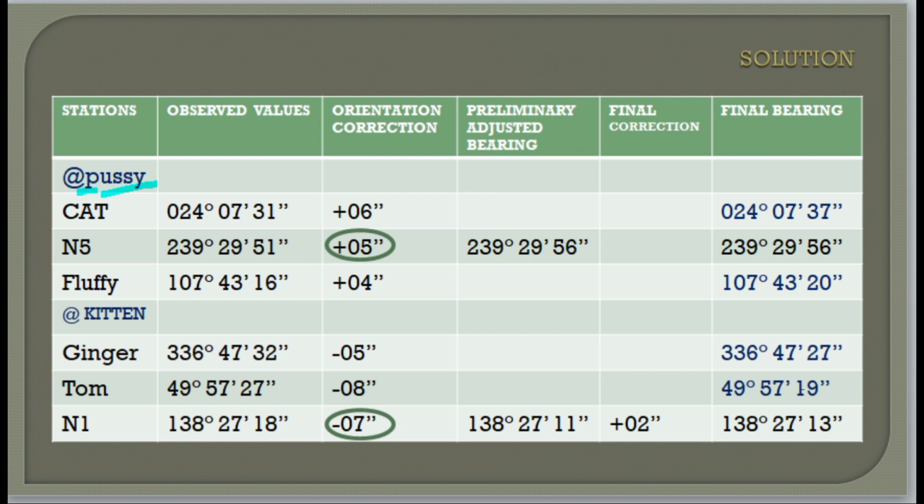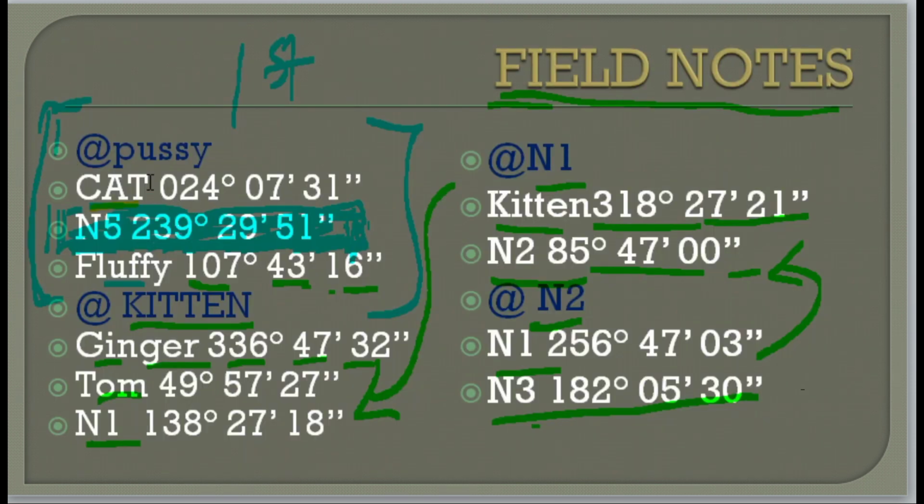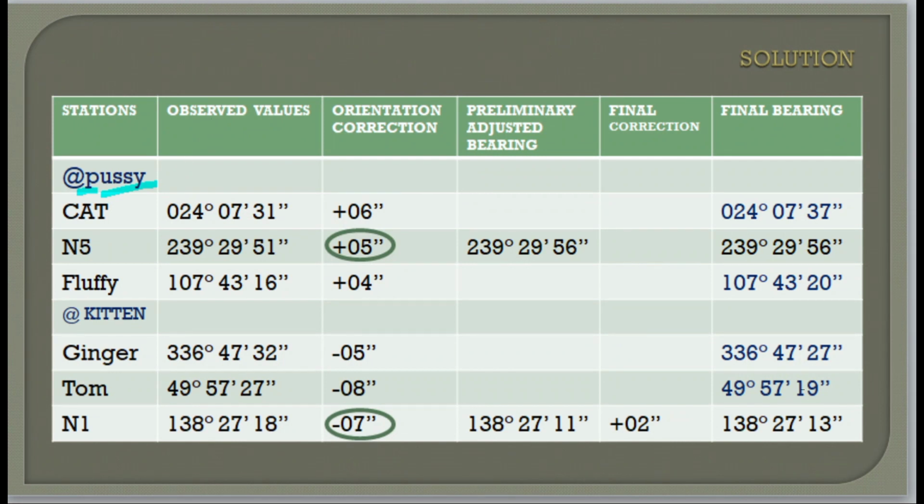In our stations we write, from the control station where we had the Pussy to the Cat to N5 to Fluffy. So here the observed values are those we had been given in the field notes section.